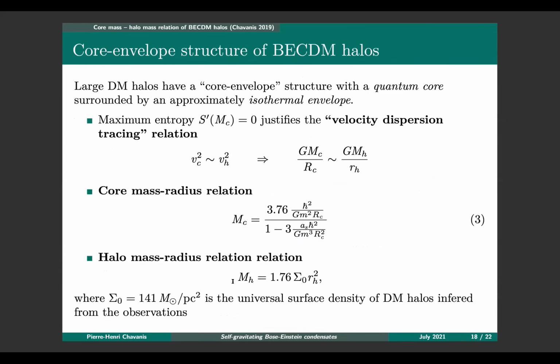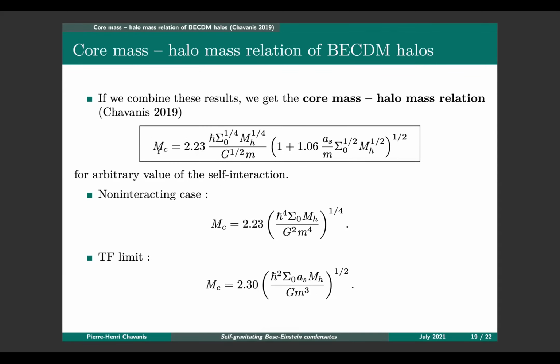We also have the following relation between the halo mass and the halo radius, where sigma is the universal surface density of dark matter halos inferred from the observations. Now if we substitute these two relations into the velocity dispersion tracing relation, which is equivalent to the maximum entropy state, we obtain the following relation between the core mass and the halo mass for any value of the mass of the boson and the scattering length, positive or negative.